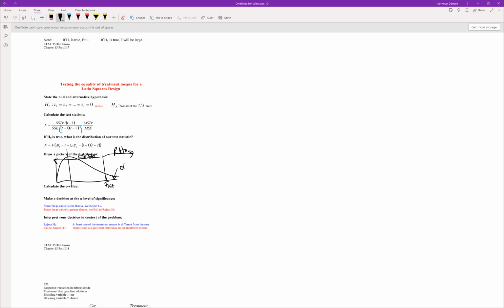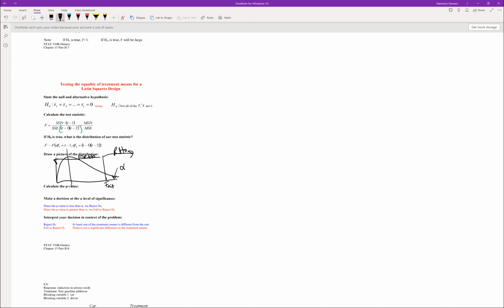We set up our rejection region by putting alpha in that upper tail. When we do that, we're essentially saying that our type 1 error, rejecting our null hypothesis when the null hypothesis is true, happens alpha times 100% of the time.